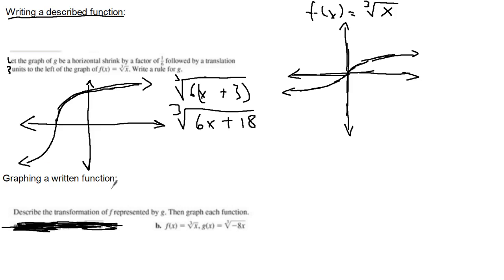So you graph a written function. I'm going to graph a written function right now. So f of x equals cube root of x, g of x equals cube root of negative 8x. Now since it's negative 8x, it's a reflection across the y-axis, since we don't want negatives inside of the thing. So we're gonna do this, and it's a negative 8x, so it's a horizontal shrink by 8. That is big.